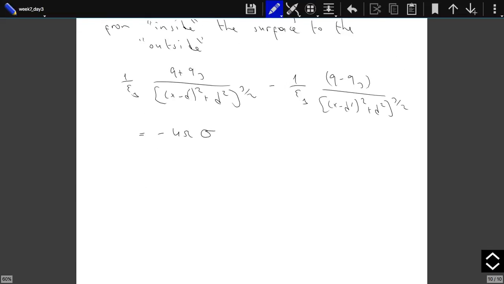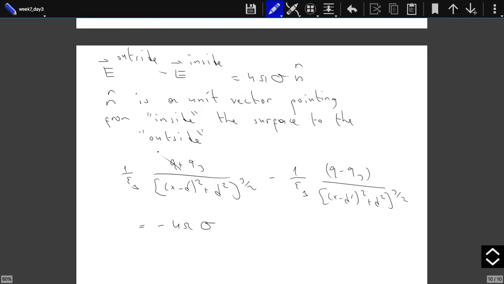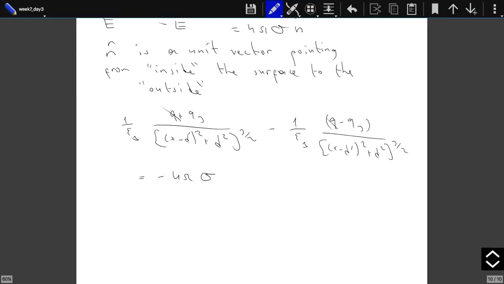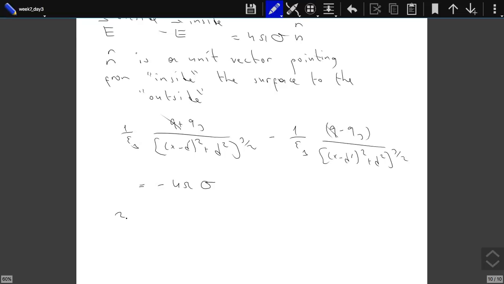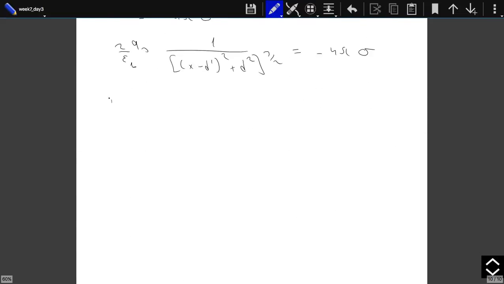And if you just combine the two, let's see, the q terms just cancel. And we end up having 2 q3 over epsilon 1, times 1 over (x minus d prime) squared plus d squared to the 3/2. This is equal to minus 4 pi sigma. And q3 was equal to epsilon 2 minus epsilon 1 divided by epsilon 2 plus epsilon 1, times q.